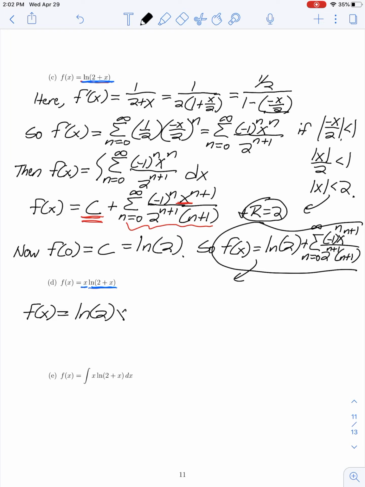So we have the natural log of 2 times x plus the sum from n equals 0 to infinity of negative 1 to the n times x to the n plus 2 power now. So where does that power come from? Well, I had x to the n plus 1, and then remember I'm multiplying through by another power of x.